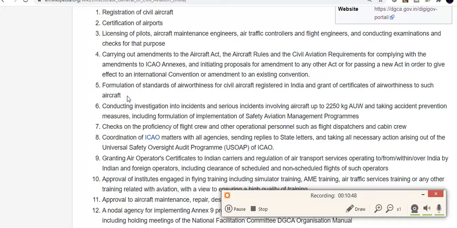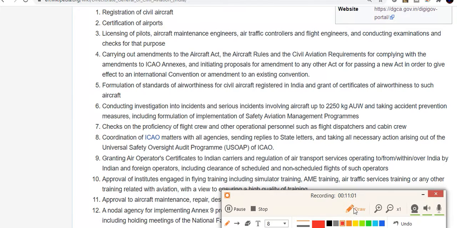Now after the accident or after such kind of unfortunate incident, they have the power to conduct the investigation into those incidents and serious incidents involving aircraft up to 2250 kilogram AUW. These technicalities are not important, just remember that they are conducting the investigation into the incidents as well.